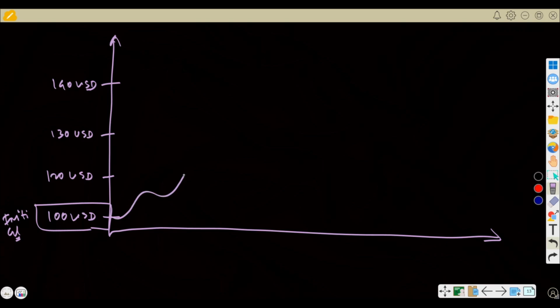The fund has already announced the 8%, so that becomes your high watermark. 8% on 100 USD, where 100 USD is the initial investment. So 108 becomes your high watermark line. Here quarter one ends.